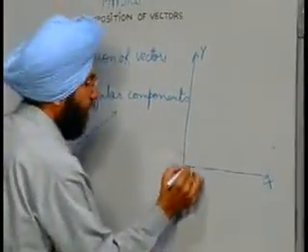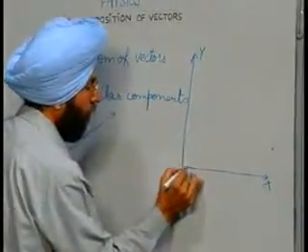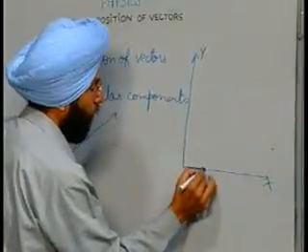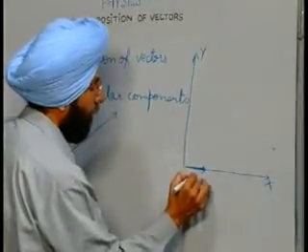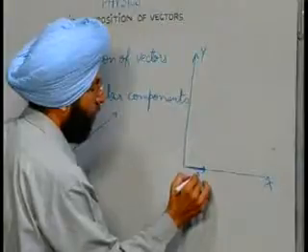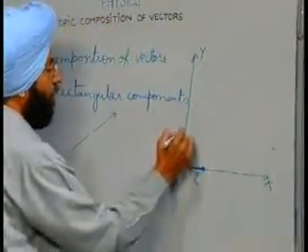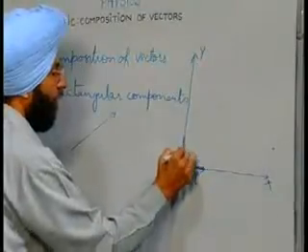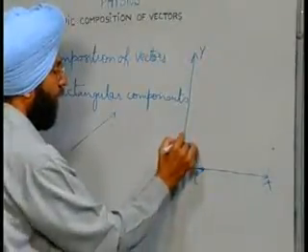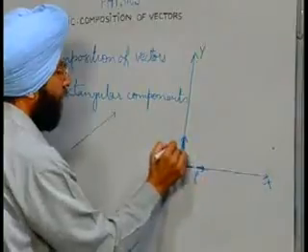A unit vector along x axis is a vector with unit magnitude directed along x axis, called i. A unit vector along y axis is j.